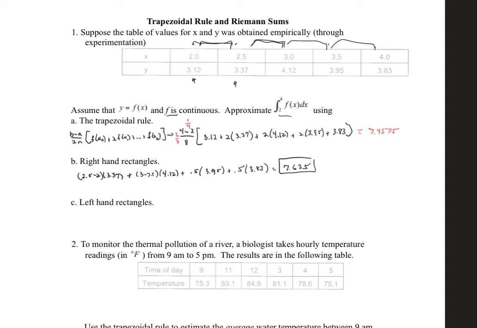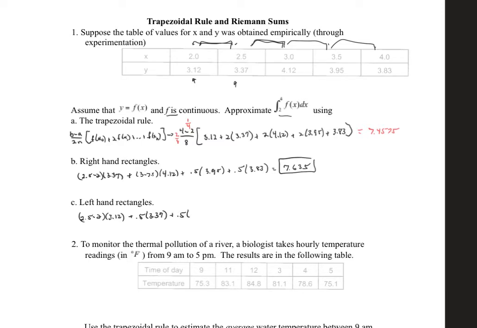Left-hand rectangles will look very similar. Again, we're going to take the 2.5 minus 2. This time the height will be the left side, so that'll be 3.12. Then the next one, again we get a 0.5 for the base, and using the left side of that rectangle is going to be 3.37.